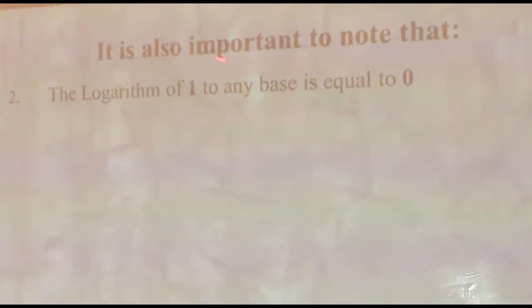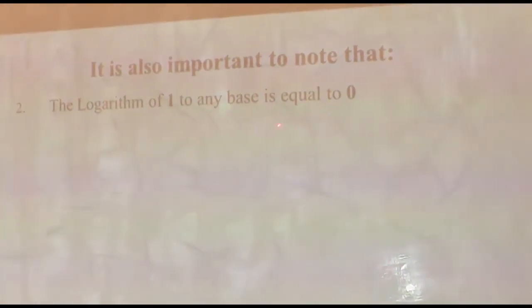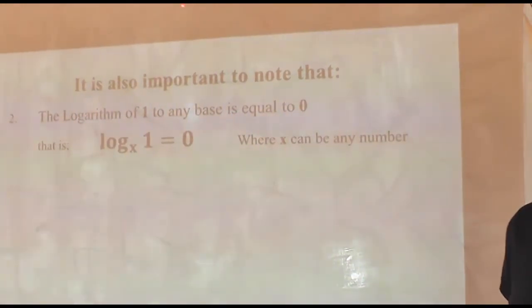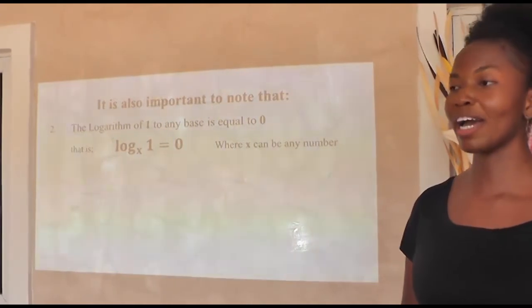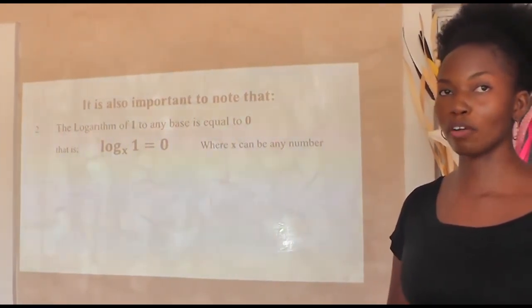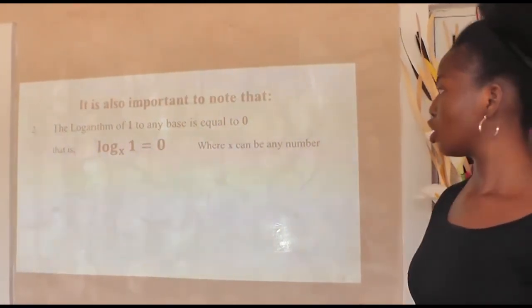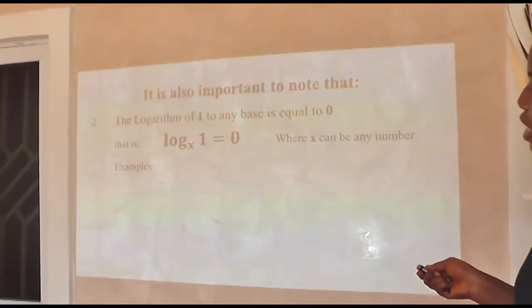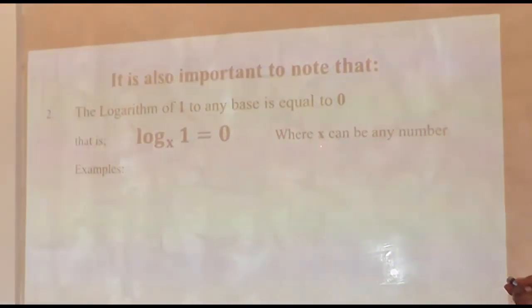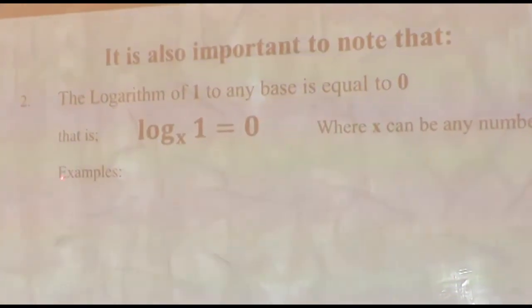And so on. Now, it is also important to note that the logarithm of 1 to any base is equal to 0. Remember, any number raised to the power of 0 is equal to 1. So if I am saying log 1 to base x is equal to 0, x can be any number at all.